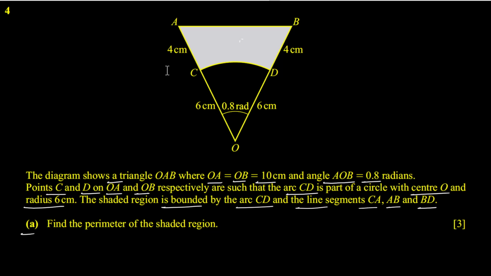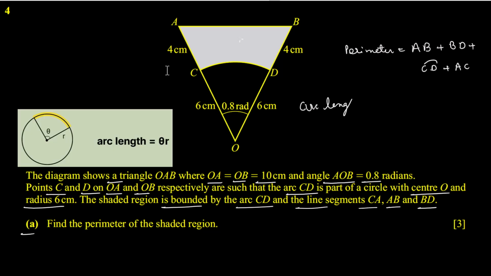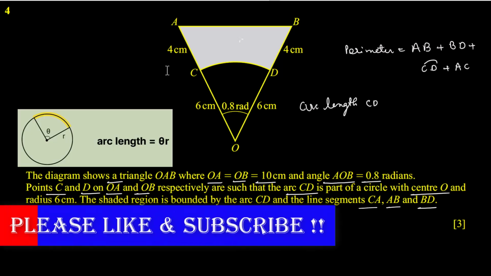So the perimeter of the shaded part is the length AB plus BD plus the arc CD plus AC length. Arc length CD is going to be r theta.